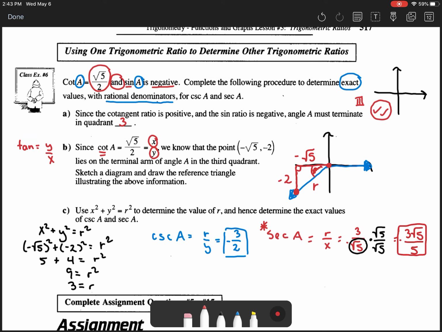We do not leave ratios with an irrational denominator. And what are the irrational values? Well, root 3, root 5, root 7, root 11, root 13. You get used to seeing them over and over again. So when you see those values, we rationalize them by multiplying both the numerator and denominator by that irrational value, and it will rationalize the denominator. And we're okay if we have an irrational value in the numerator. We just do not want it in the denominator.